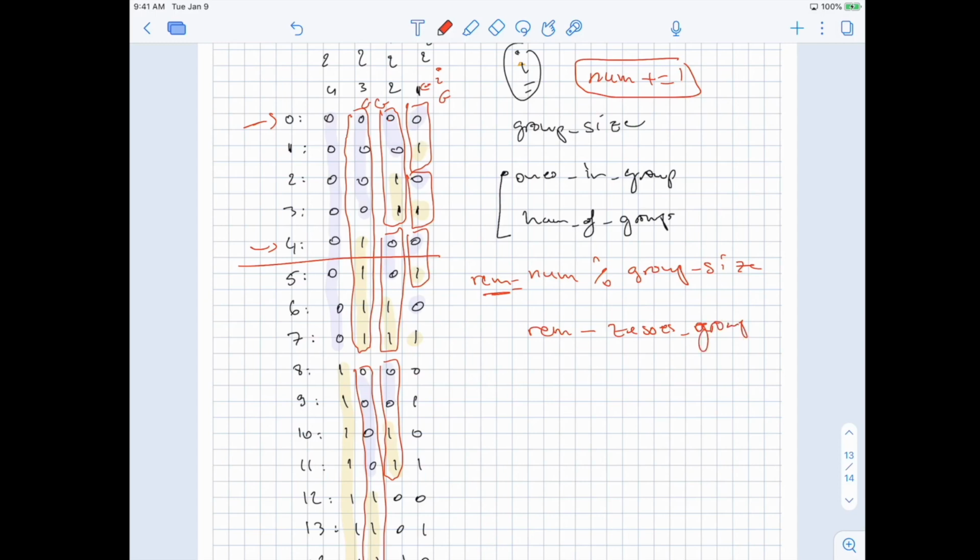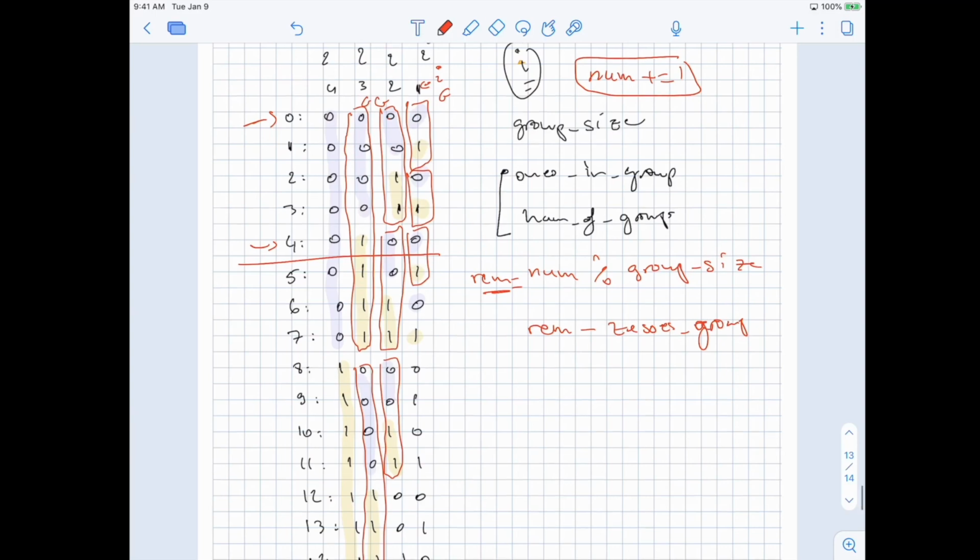Because we know with the alternating here, we know zeros appear first and then 1 appears. And so we know this is not a full group, so we won't have all the ones. And so we just need to know how many zeros are in the group, right? And then if the remainder is larger than the number of zeros, that means whatever is the difference, that's what we have remaining. That's the number of ones we have.